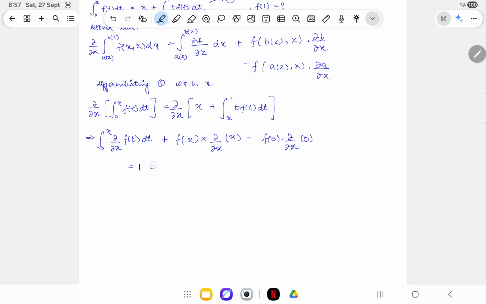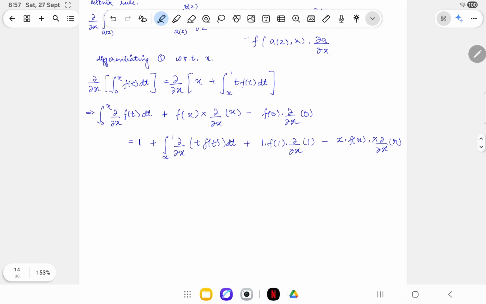It will be equal to the partial derivative of x, which is 1, plus integration from x to 1 of del by del x of t f(t) dt plus 1 into f(1) into del by del x of 1 minus x into f(x) into del by del x of x.